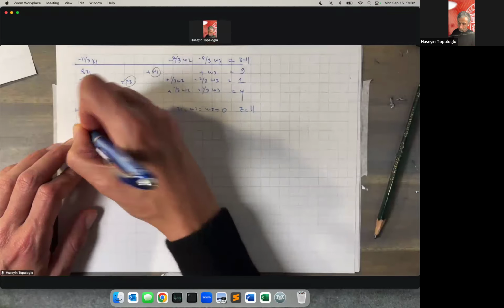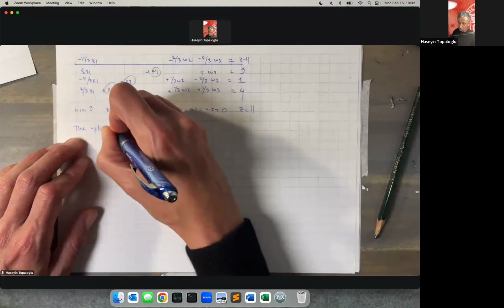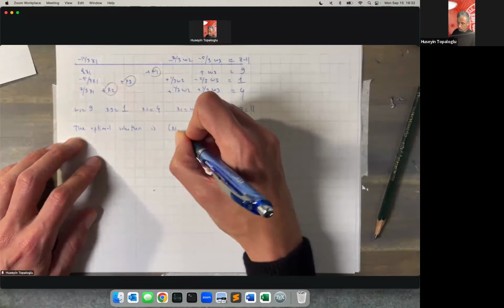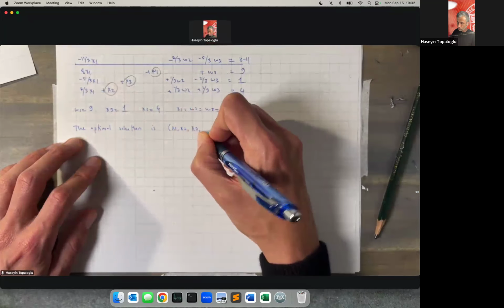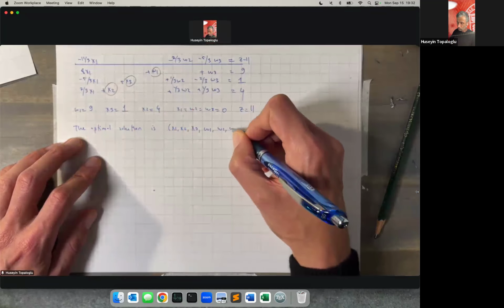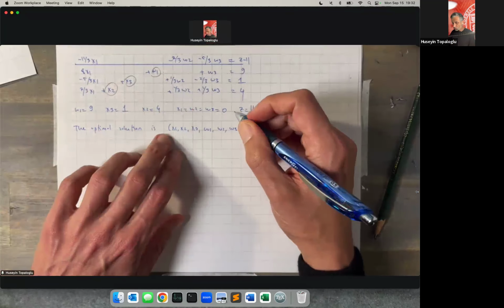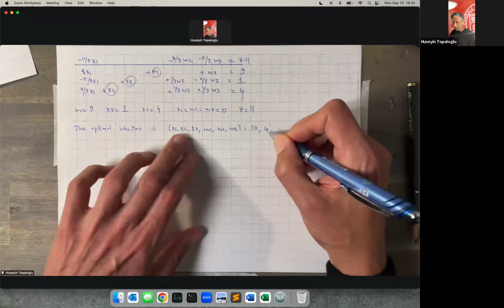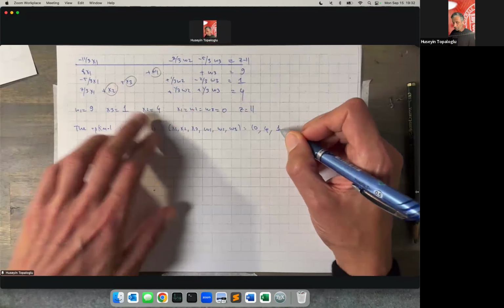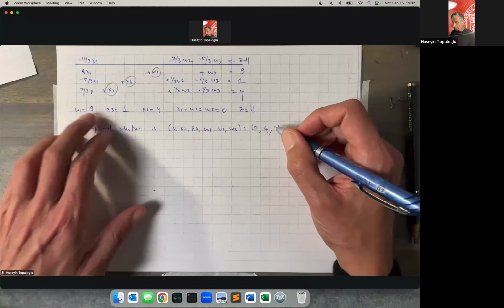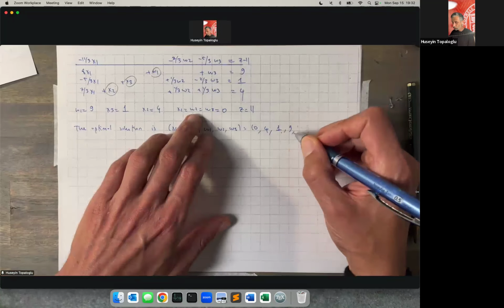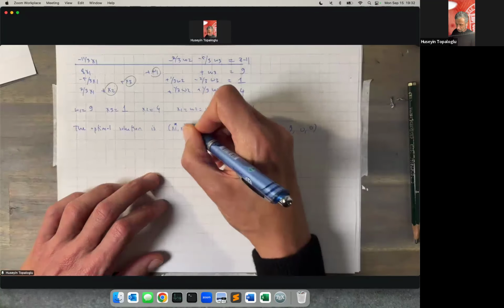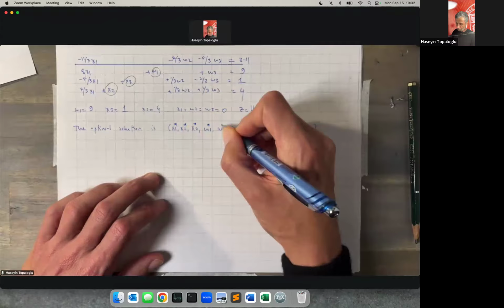Okay. So the optimal solution is, let's write x1, x2, x3, w1, w2, w3. x1 is what? 0. x2 is what? 4. x3 is what? 1. w1 is equal to 9. w2 is equal to 0. w3 is equal to 0. And to emphasize that this is optimal, let's put stars here.